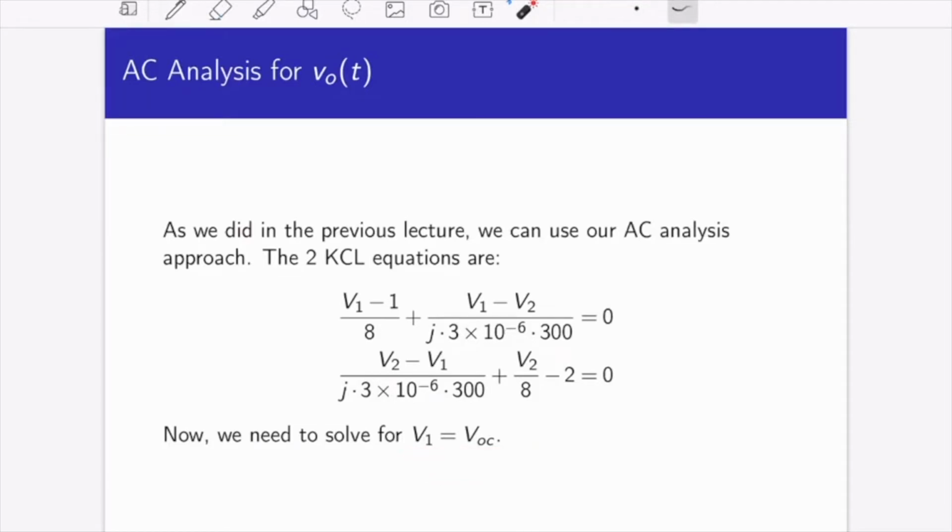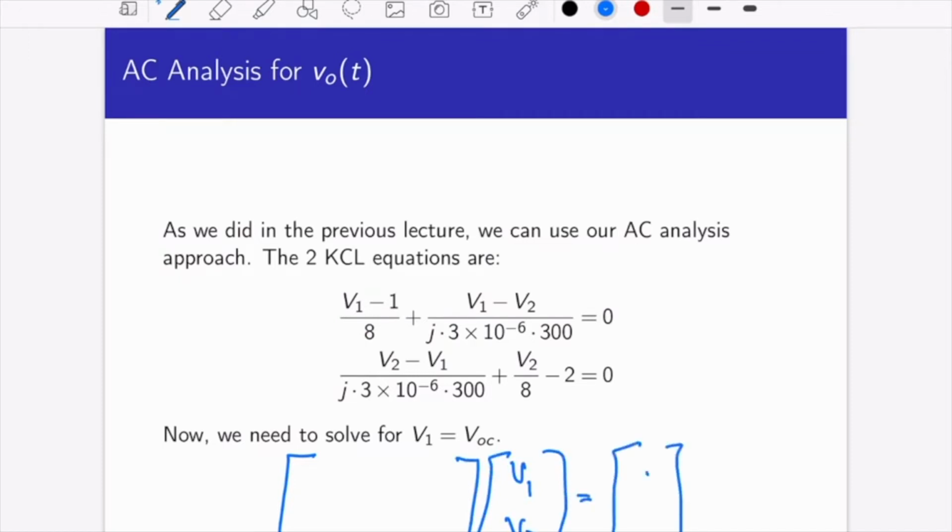Now, one thing I want you to note is that we can write this in the form of a matrix. We have something times V1, V2, equal to something. So that gives us something times V1 plus something times V2 equal to that value over there. Same thing, this times V1 plus this times V2 is equal to this value.